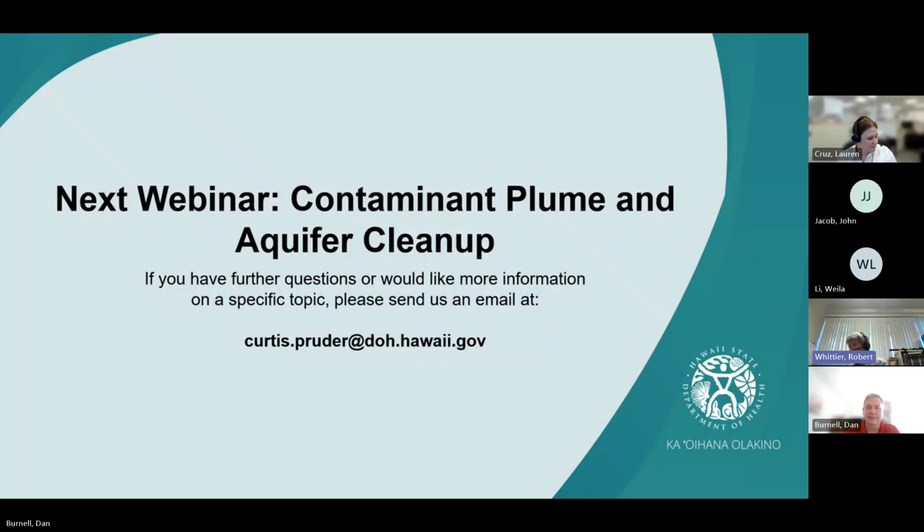So if we have a spill at point A, we will put a well down the groundwater gradient from that, at point B, and start pumping. Using a groundwater model, we will work to see if that zone of contamination, that point of contamination, is within the capture zone.